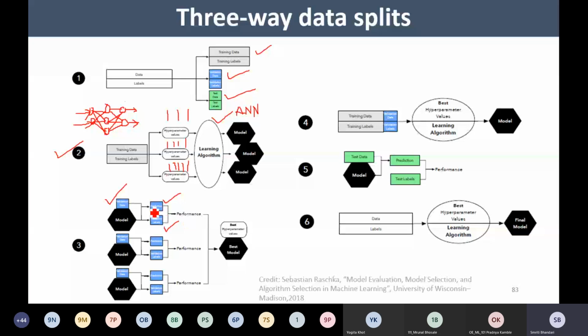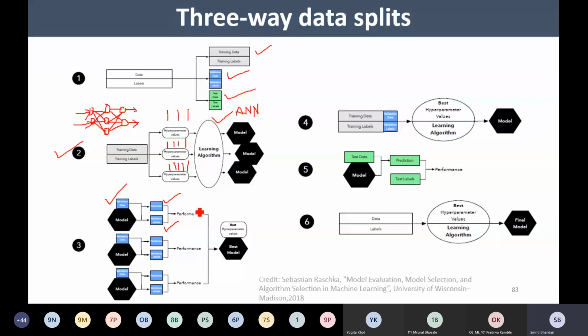So I have predicted labels and actual labels. Comparing the predicted labels and the validation labels, similar to whatever we did earlier, right? I am going to assess the performance of my model.